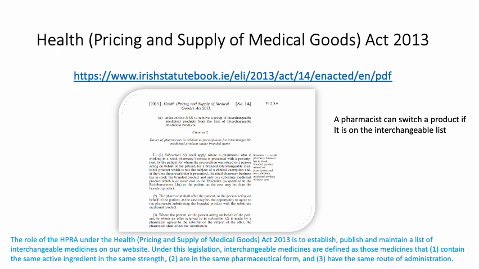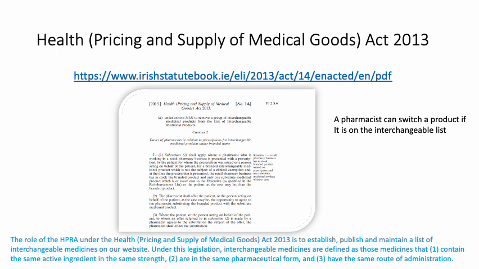The Health Products Regulatory Authority, after the Health (Pricing and Supply of Medical Goods) Act in 2013, have a list of medicines which can be substituted by pharmacists, and they provide the list of interchangeable medicines where pharmacist-led generic substitution is permitted.